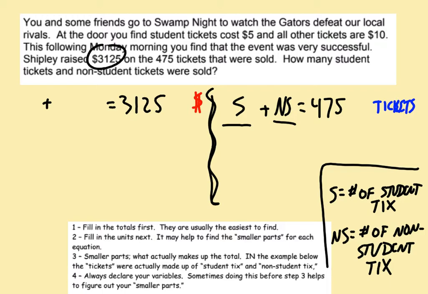Now I'm going to come over here on the left-hand side, and I have $3,125. So how did I get the dollars? And again, there's going to be two things that add up to that. Now I know S and NS are going to be involved because they were involved over on the right, and it's the same story, so the same variables are going to be involved.